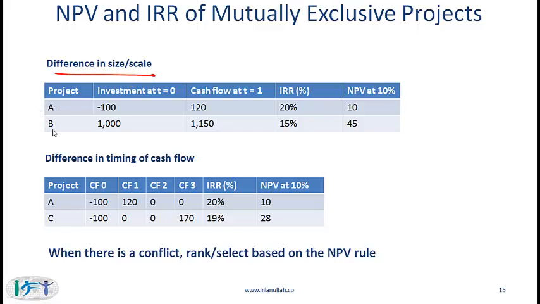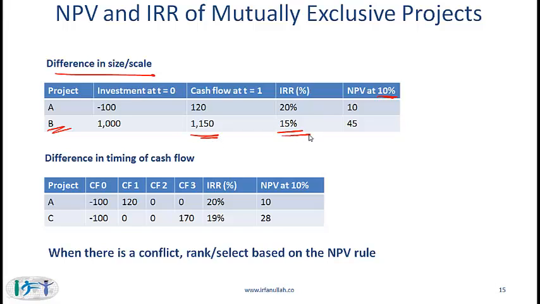You have two projects, A and B. With project A, the investment is 100 at time 0. At time 1, you get back 120. So clearly the IRR is 20% and the NPV, assuming a cost of capital of 10%, is 10. B is a much bigger project, so larger size, 10 times larger. The cash flow is this.